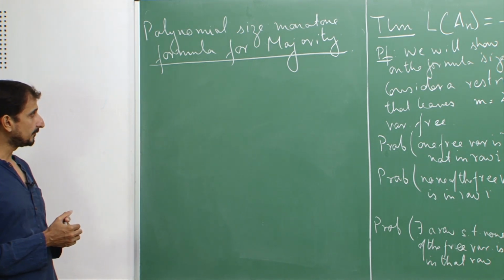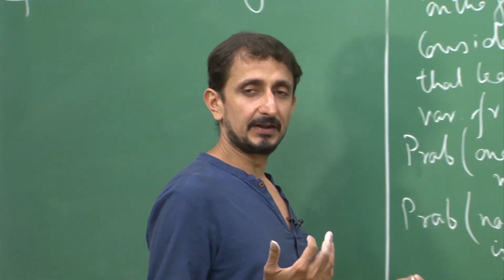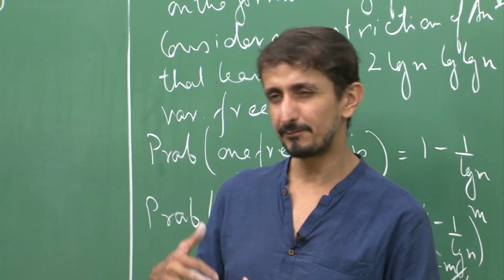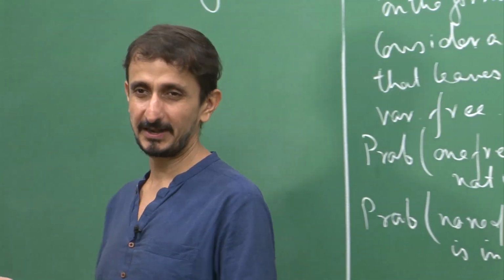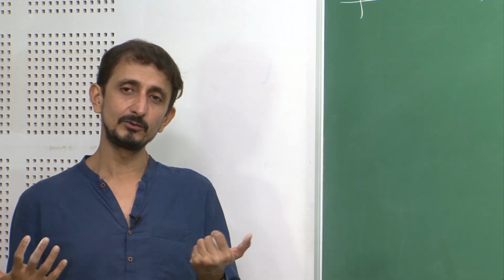But the majority function has a special property. It is what is called a monotone function. Formally I will define what a monotone function is later on, I do not need it today, but intuitively let me give you the idea.